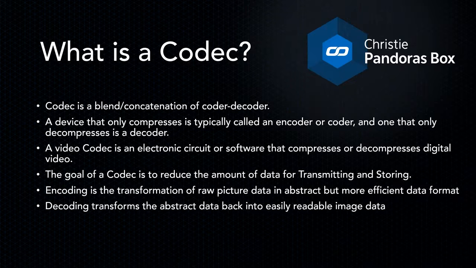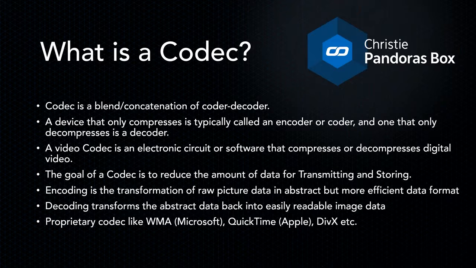So we have proprietary codecs, that's the word, like Windows Media Audio or QuickTime from Apple. If you have a codec which was developed by a certain company and still has some licenses on it, we call it a proprietary codec.